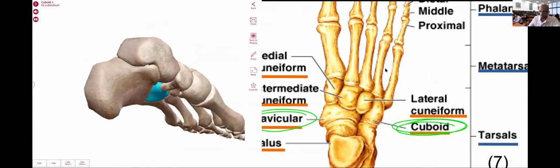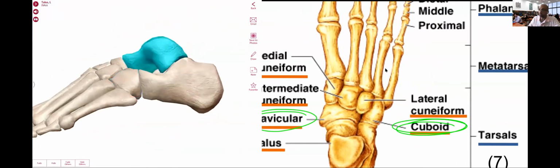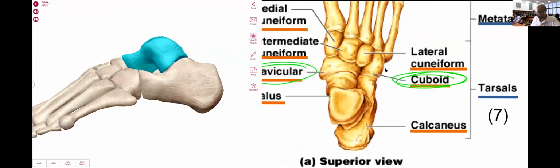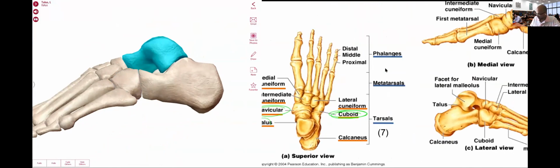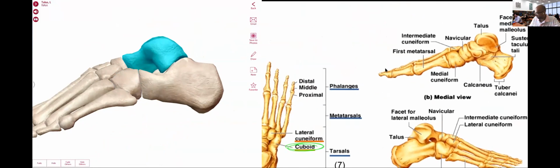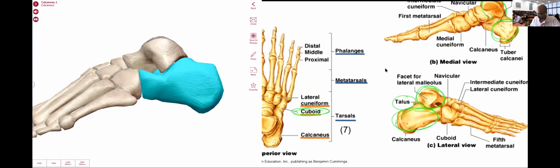Look on here, carrying the body weight down from the tibia to be distributed to the rest of the tarsal bones, it's going to be my talus. This is my talus on here. And the bone of the heel, this is going to be my calcaneus.